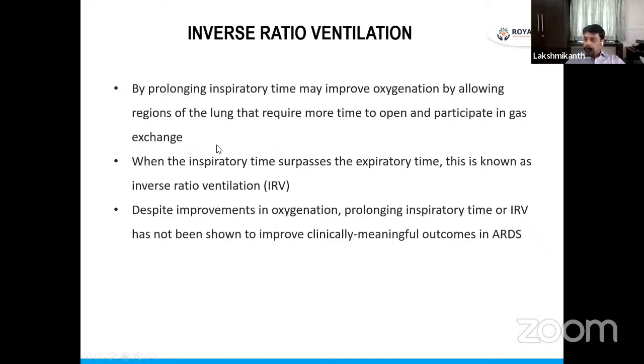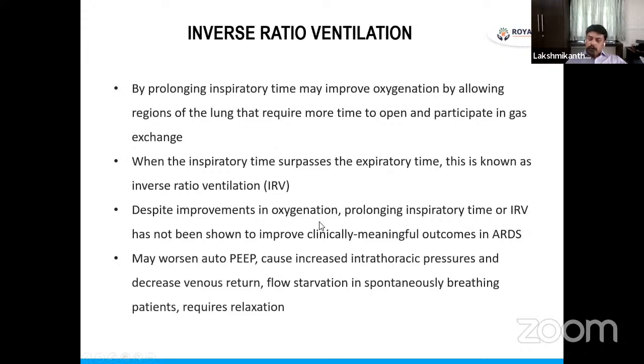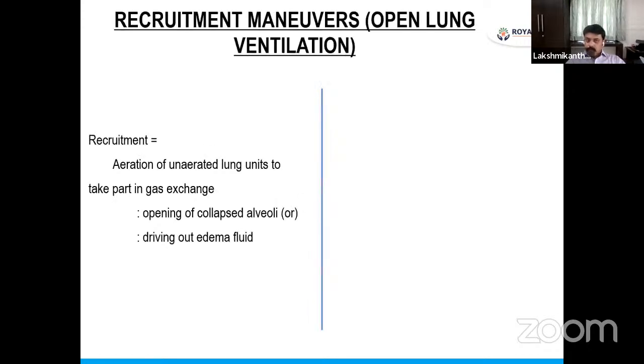So definitely inverse ratio ventilation is not recommended, but you can have some amount of decrease in your expiratory time to give more inspiratory time. What we use is somewhere around 1:1.8 to 1:2 or 1:1.5, but definitely not an inverse ratio ventilation.